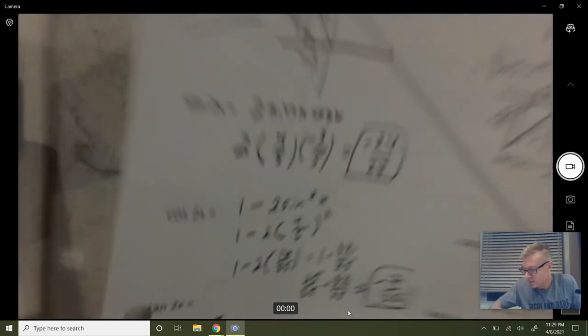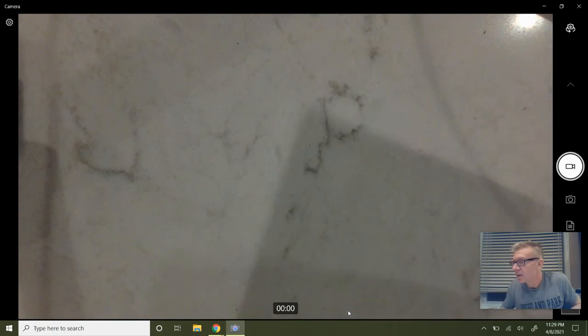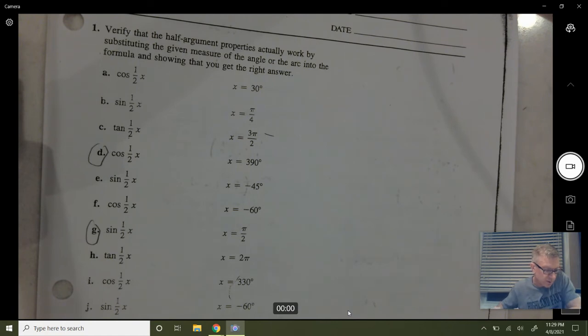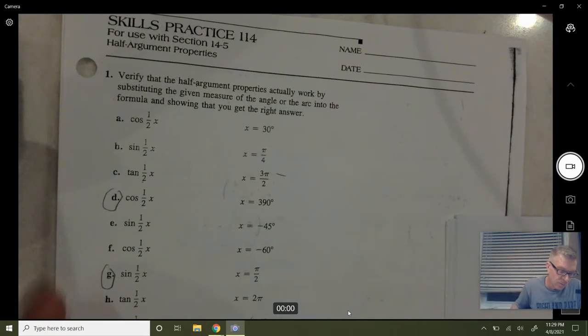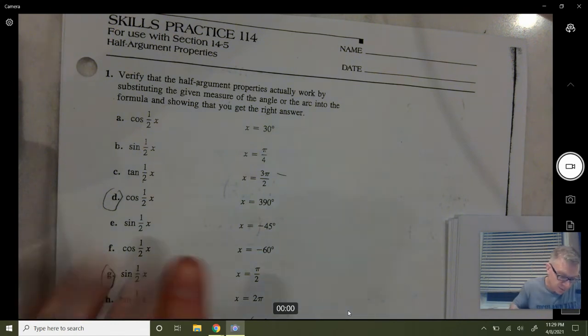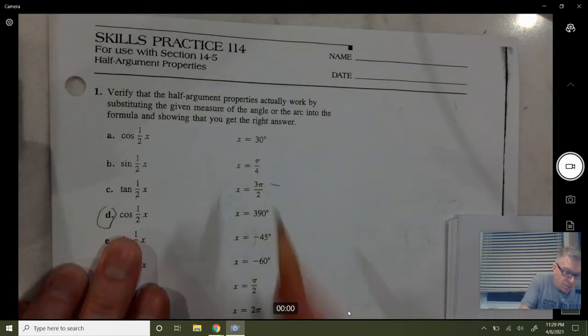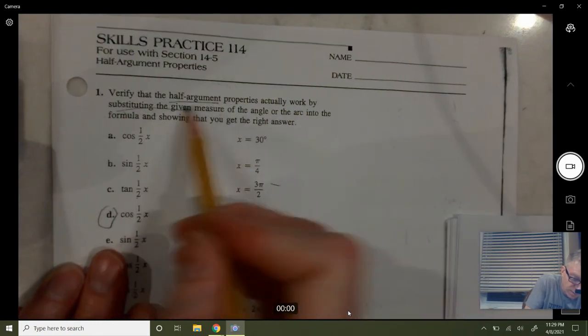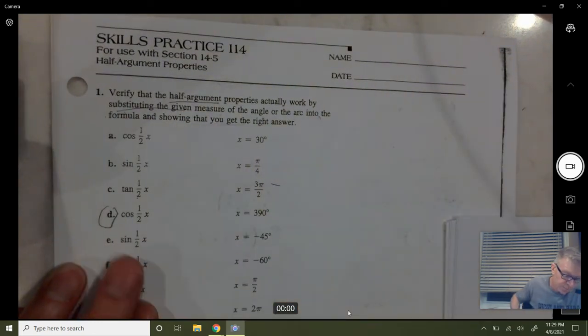Okay. Let's go to that last sheet, the skills practice sheet, where we're just doing a few problems on these. And I'm going to actually do these on a separate sheet of paper because there's not a lot of room here. Okay. We're just doing D and G. D, we're going to need a calculator just to verify. But we're verifying the half angle argument works by substituting directly and then using the formula. Okay.